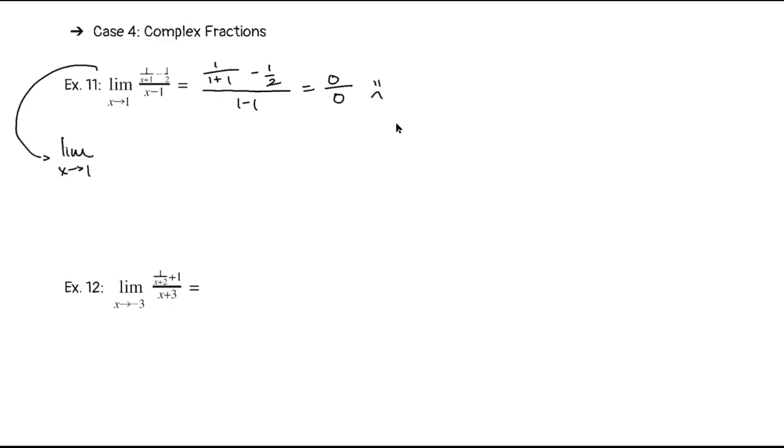And so I'm going to rewrite this from the get-go so it looks a little less overwhelming this way. I'm going to take the numerator and I'm going to write it here. That's my numerator.